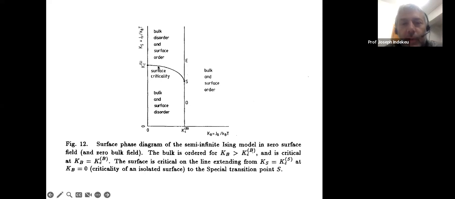And this continues, and you see, when the bulk three-dimensional system becomes critical, that is, of course, a very important point, because when you reach that point, the surface is no longer going to be able to say, okay, I'm going to order and disorder independently of the bulk.